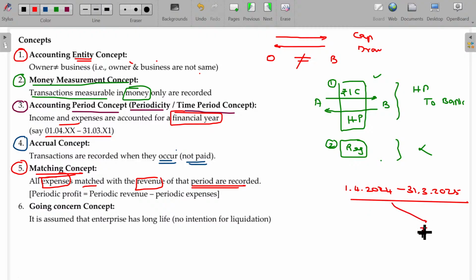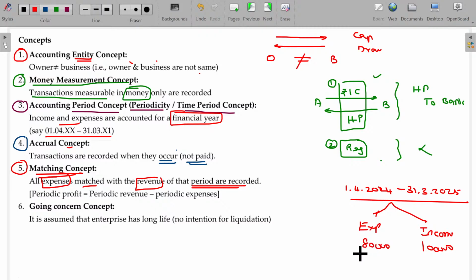Income of this period as per accrual concept being 1 lakh. I have to find out what the expenses for this period are. Expenses for the period means actual expenses for the period based on accrual concept. Whether you paid or not, once occurrence happened, then immediately you have to take, probably, 80,000 rupees.